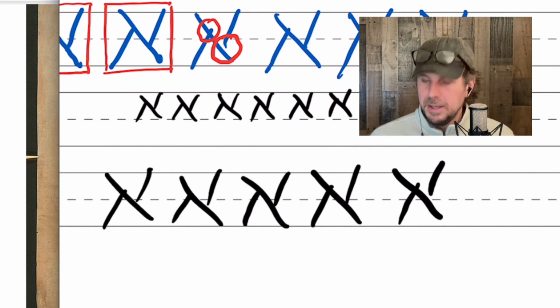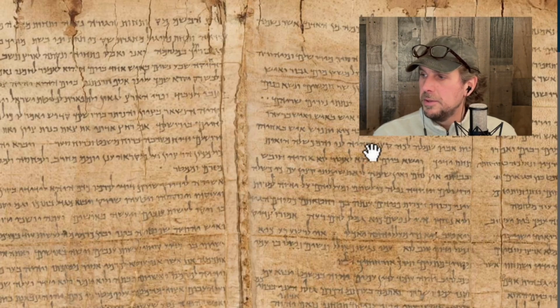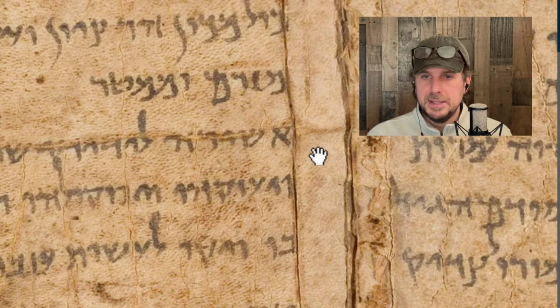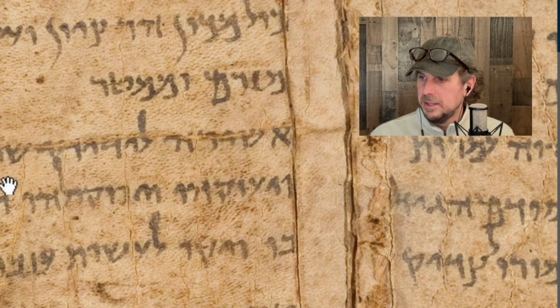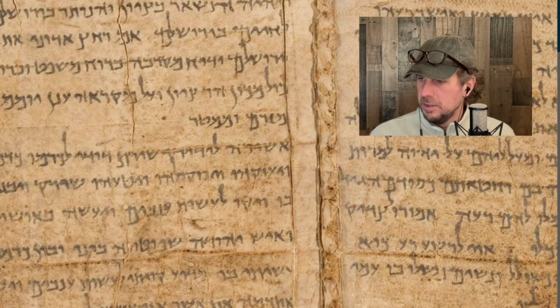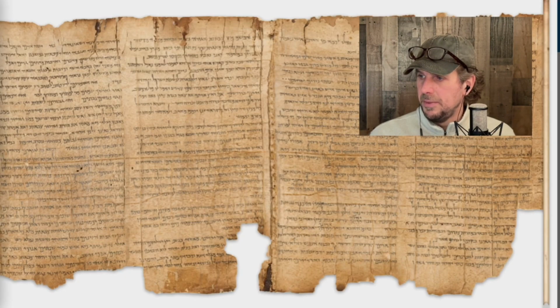Because it's quick, it's easy, and we're going to be following along the scribal approach that we see here at the Dead Sea Scrolls. Someone who's just going to write out Scripture, and they're not overly focused on what the text looks like.